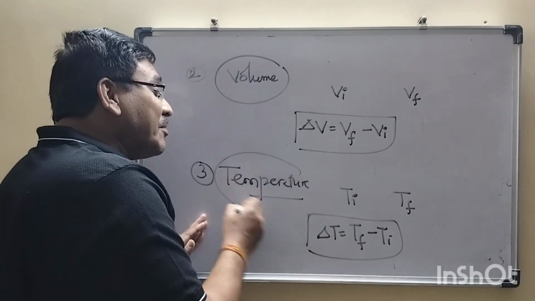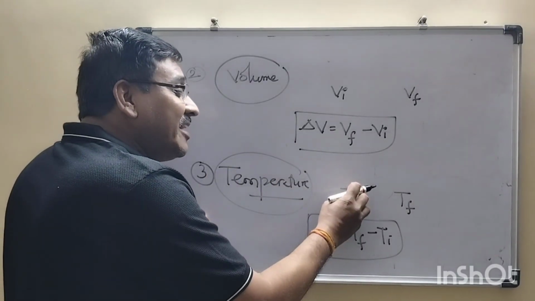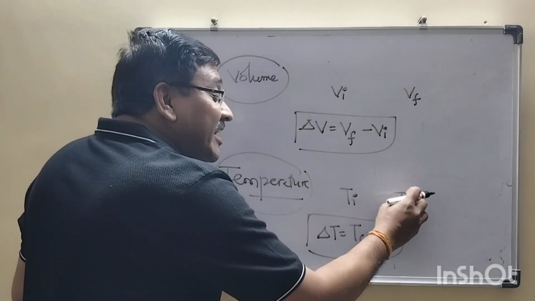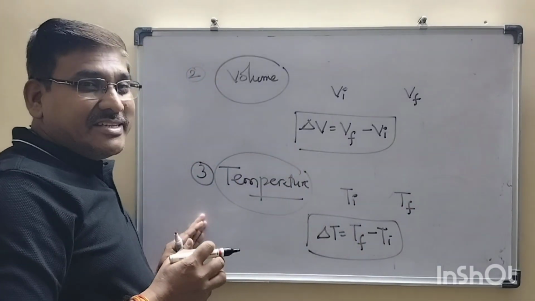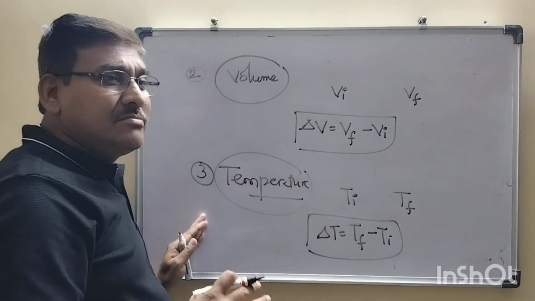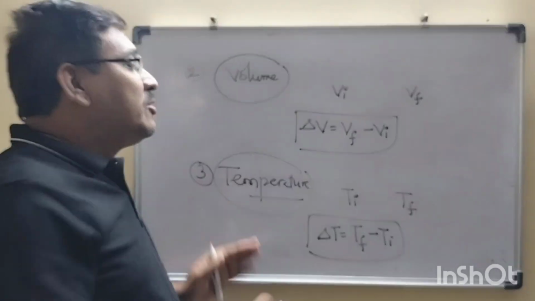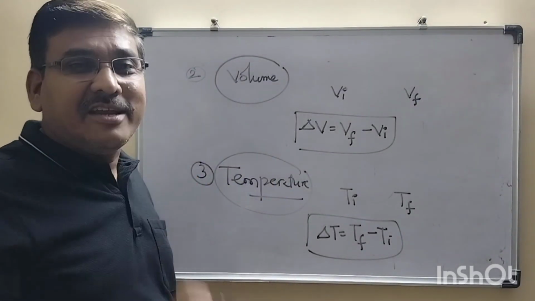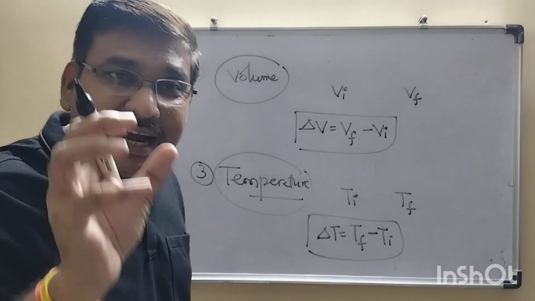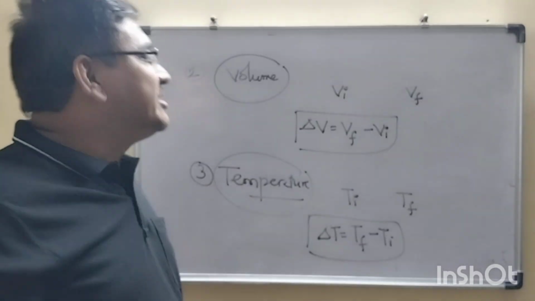That means temperature also depends upon the initial and final states to calculate the change in temperature. So it is a state variable. Nowhere is the path described. It is not necessary to have a path for a state variable. A state variable describes only the condition of the state of a system.